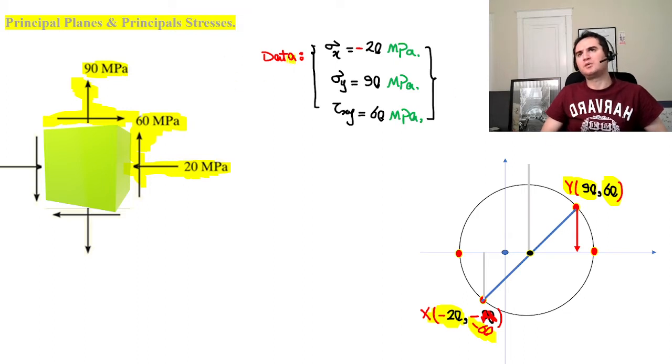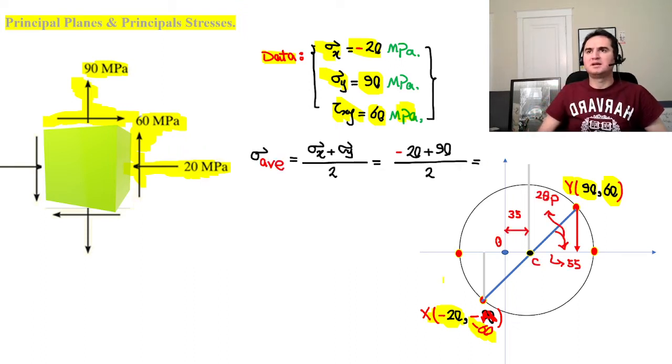So our data is sigma x negative 20, sigma y positive 90 megapascal, and tau xy 60 megapascal, and we just create the Mohr circle based off those two points.